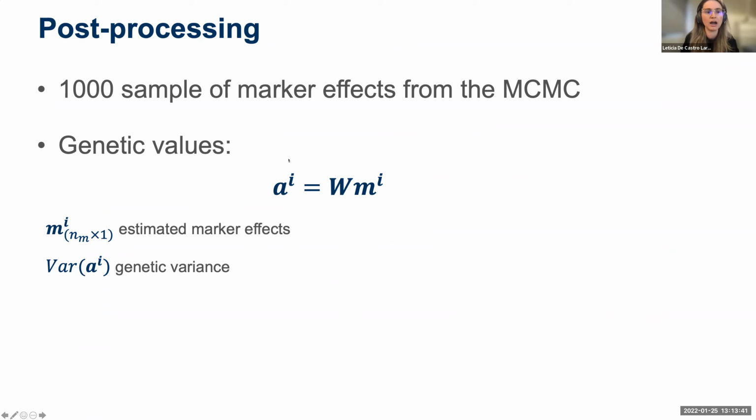So here, in this phase, we are partitioning our genetic variance in different stages according to the data that are taken into account in this W matrix here.